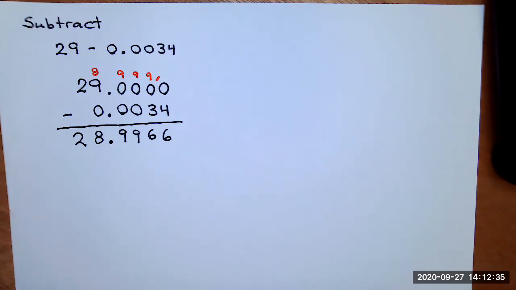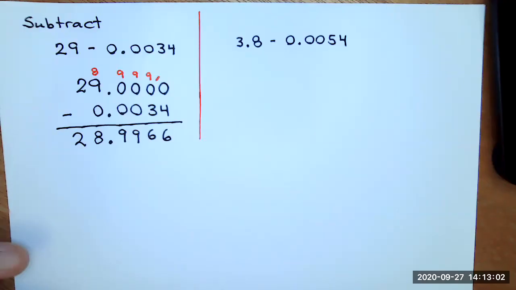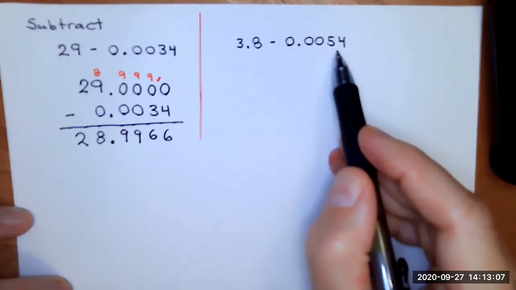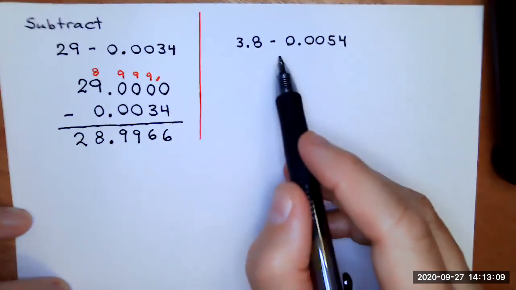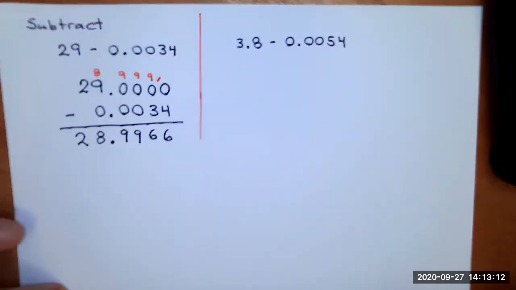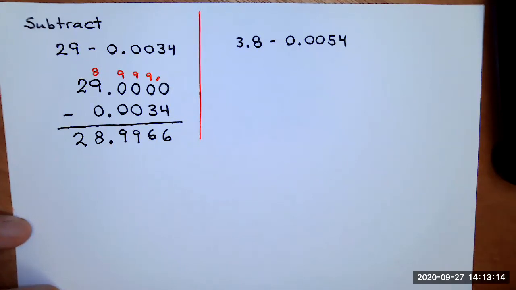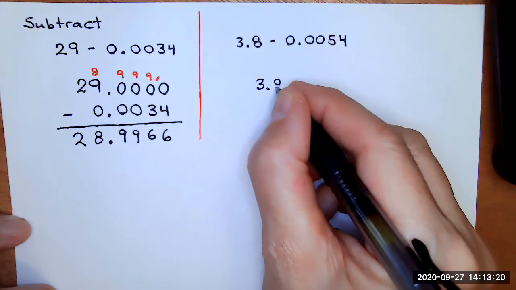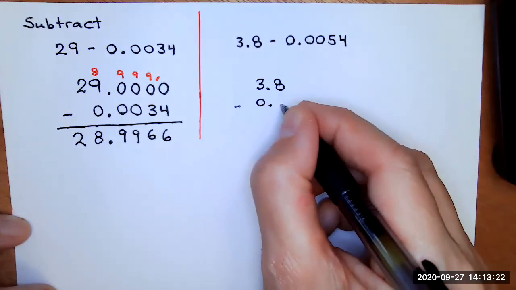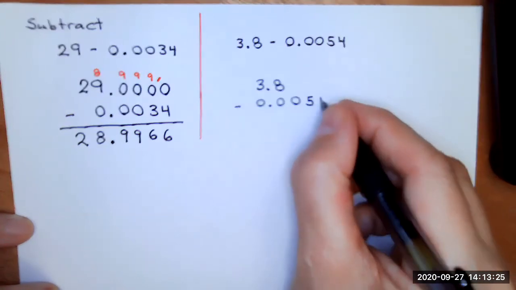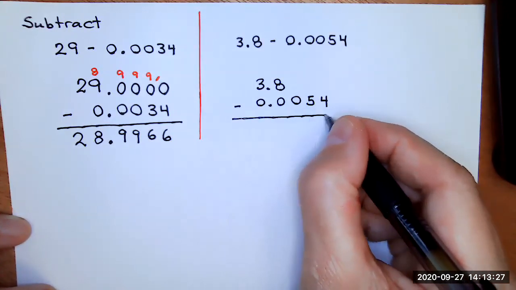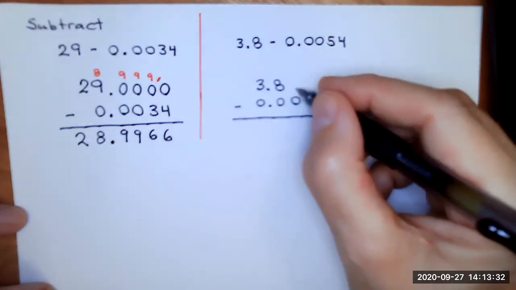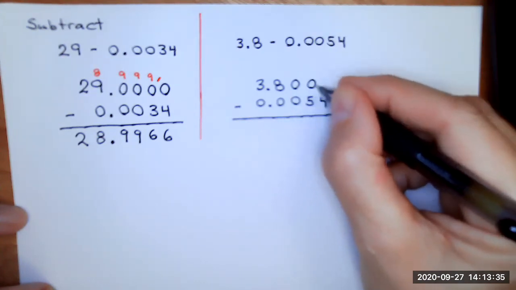And let's try one more. All right, 3.8, take away 54 10,000ths. So this would be a good time to hit pause and try it on your own. We have 3.8. And we can use that concept of equivalent decimals to fill in zeros.